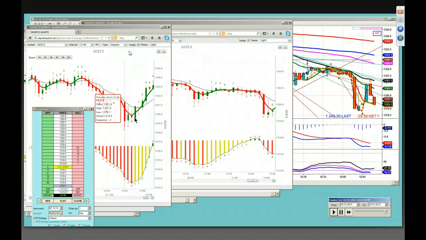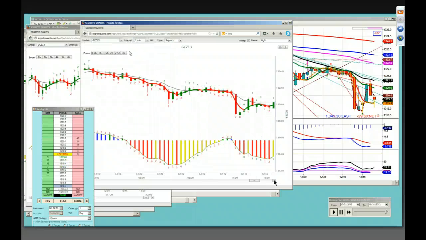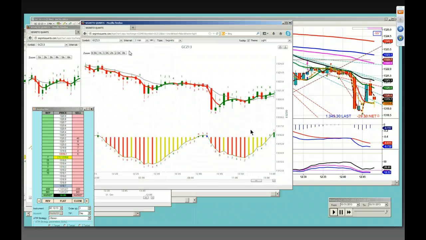So more red stuff came in, and now we're looking for the next green opportunity. Here we go, here.